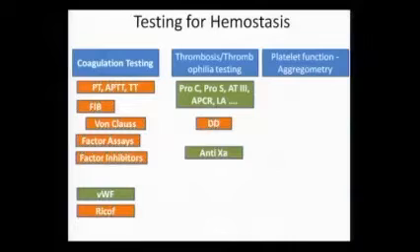If you look at hemostasis, and you want to test a patient who has come to you with a suspected increased tendency for bleeding, you need to test every aspect of hemostasis. There could also be patients referred to you with problems of increased clotting, thrombosis.